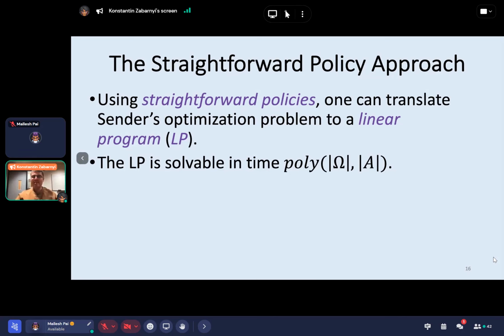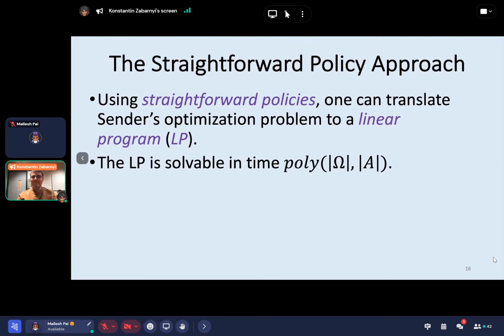And if there are just n attributes for the user, and each attribute has only two possible values, then already we have 2 to the n states. And therefore, a polynomial running time in the number of states is probably not good enough in this common example. So in theory, it is good, but not always in practice.